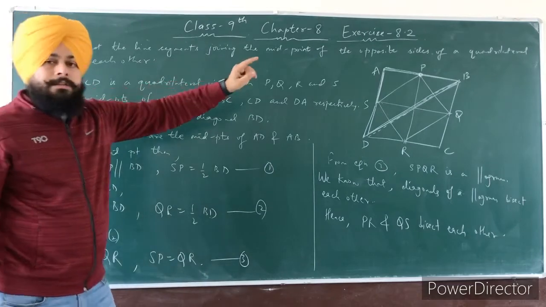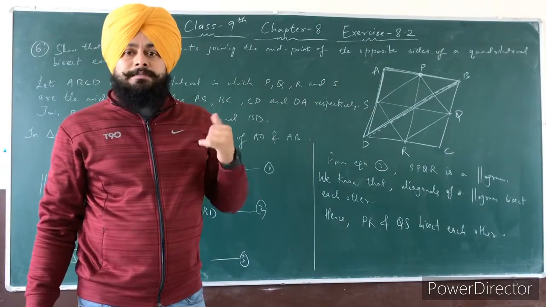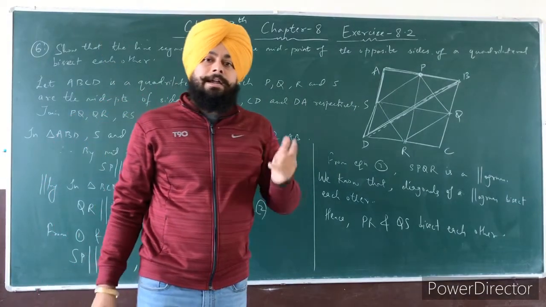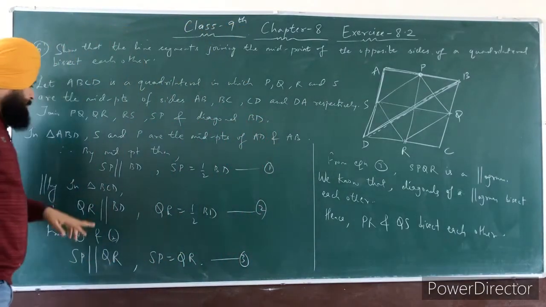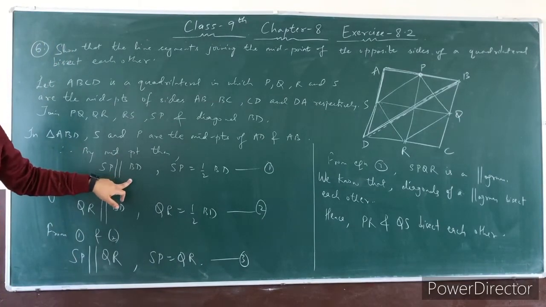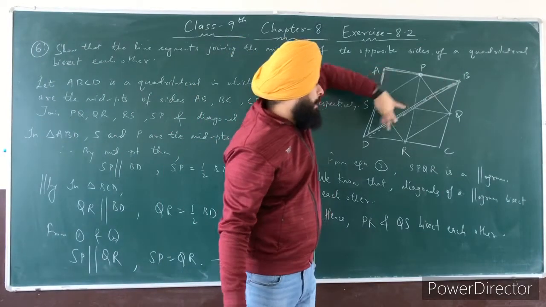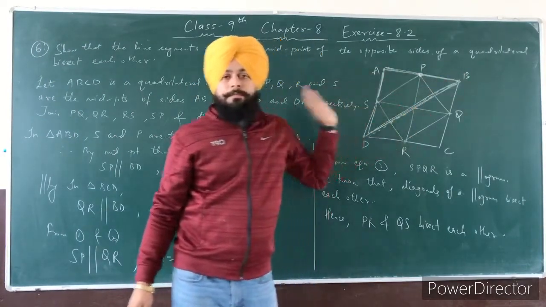The line segment joining the midpoints of two sides of a triangle is parallel to the third side and half of it also. So you can see here by midpoint theorem SP is parallel to BD and SP is also half of BD.